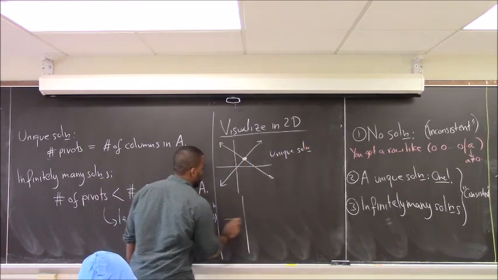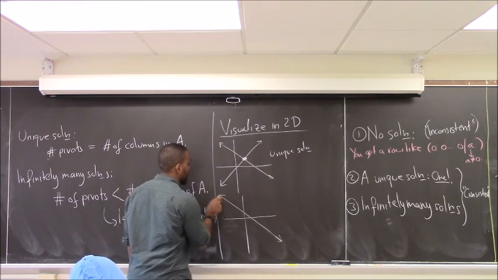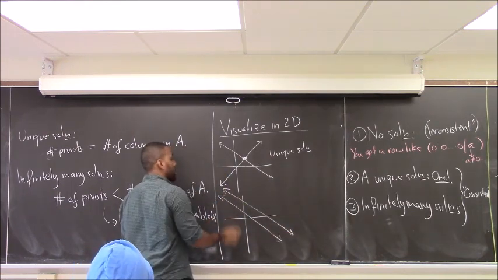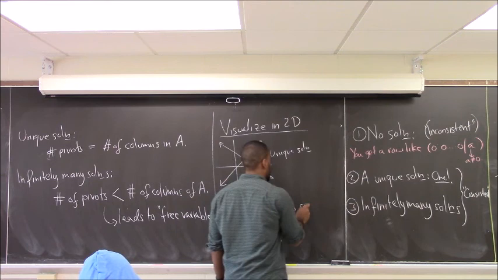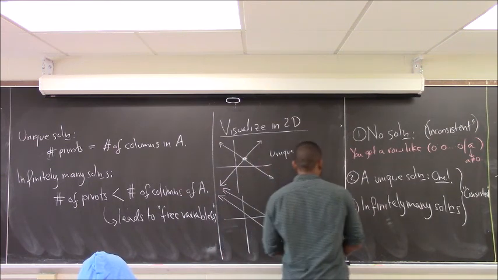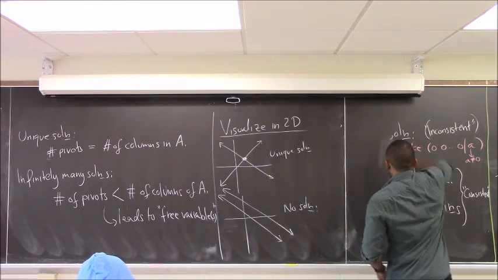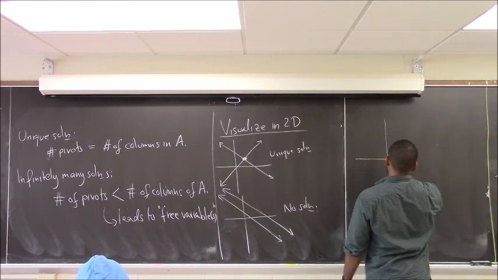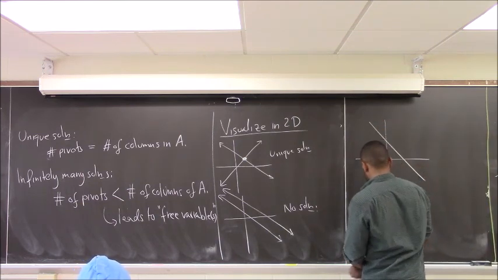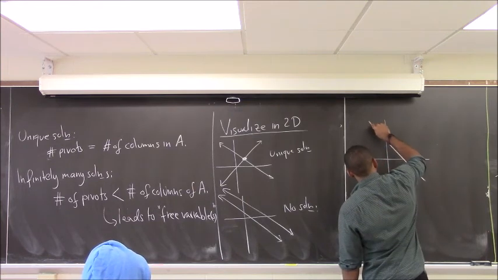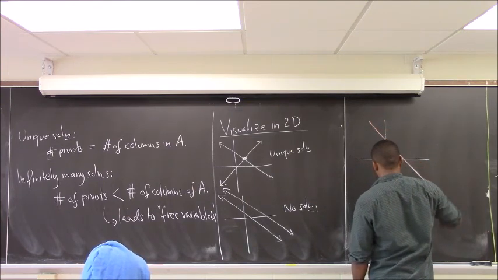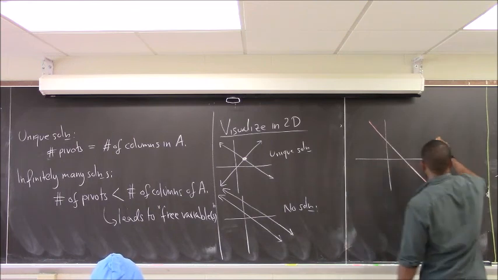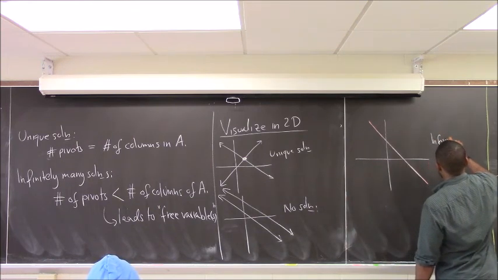They can actually be parallel lines that will never intersect, and that's the no solution case. Or you can have two lines, one right on top of each other, and this is the infinite solutions case.